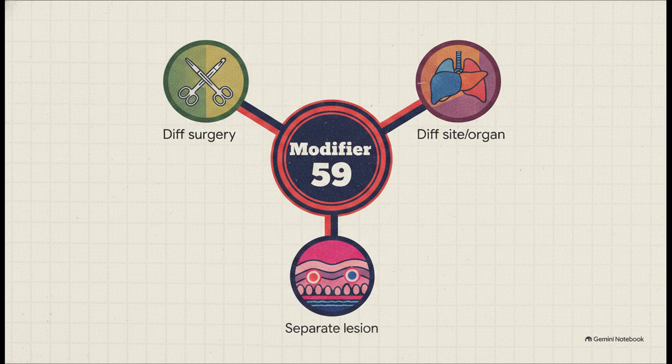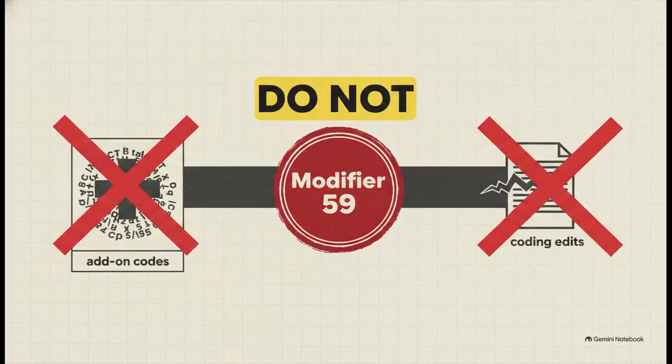You can use it to report a completely different procedure or surgery, a totally different site or organ system, a separate incision or excision, a separate lesion, or even a separate injury that was handled during the exact same session as the initial procedure. But listen up, because here is the hard and fast rule I want all you future coders to burn into your memory right now. Do not, under any circumstances, use modifier 59 with add-on codes.